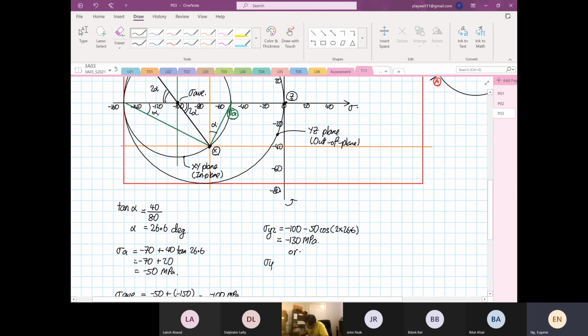So stress Y2 is equal to minus 100 minus 2 times 26.6 tangent.